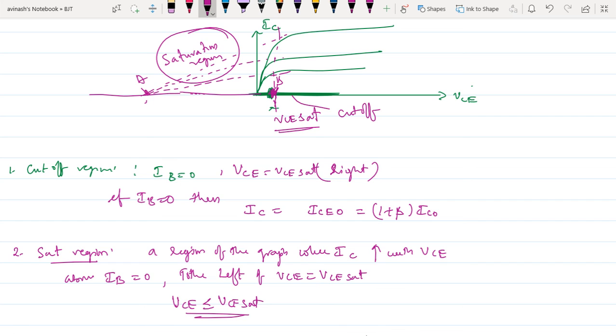At this condition only, the transistor will be in the saturation region. I hope this point is clear to everyone. Thank you.